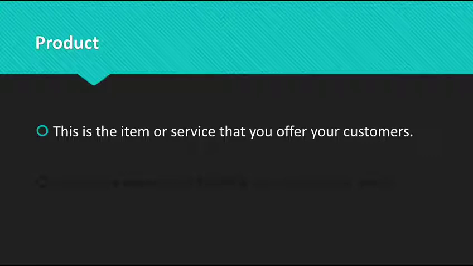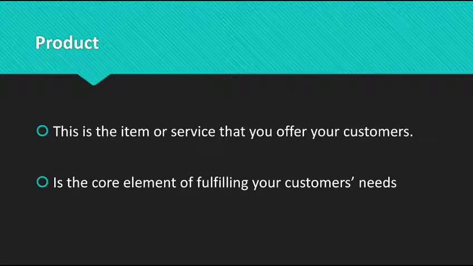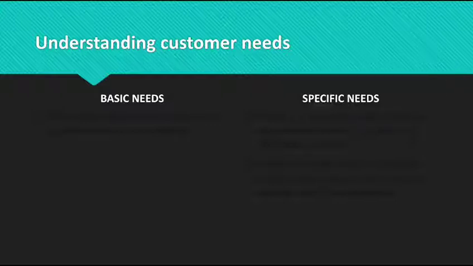What is a product? A product is the item or service that you offer your customers, and the product is the core element of fulfilling your customers' needs. So note the keyword: customer needs. There are two types of needs, and you need to understand your customers' needs. The first type is the basic need, which we've talked about, and then we also have a specific need.